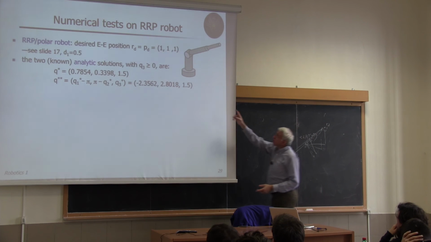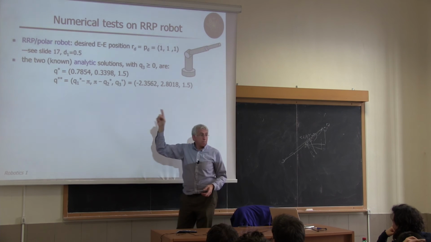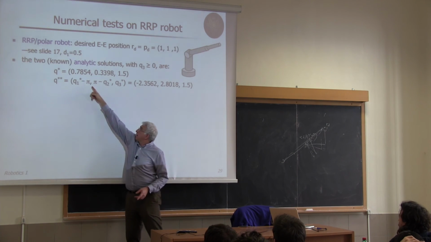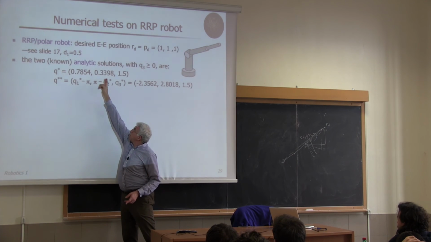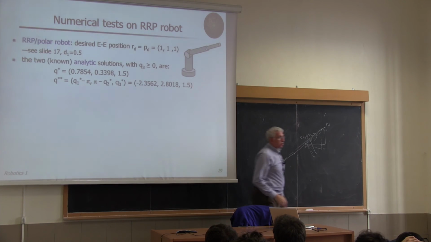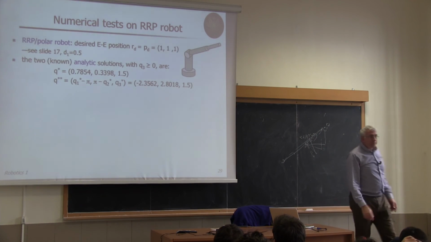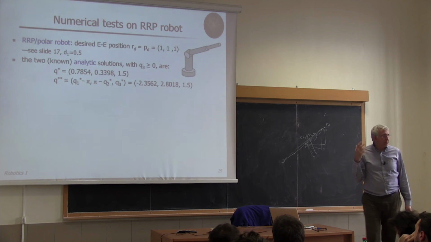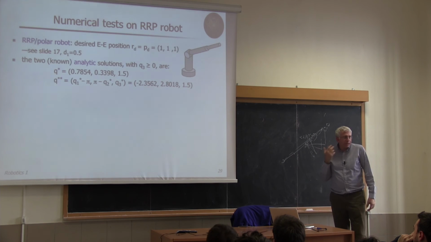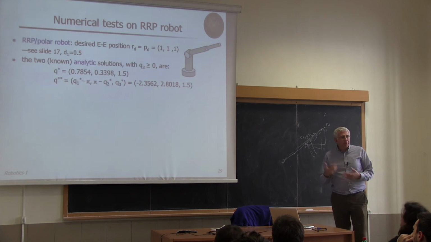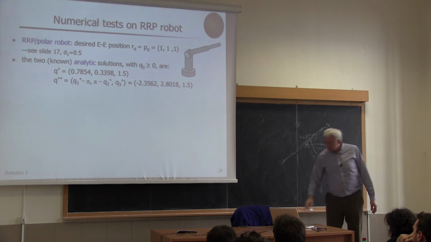Then the 2 solutions for this case, if I apply the closed form formulas, are these values in radians, and these which are computed from the previous one just by adding or subtracting pi. Okay? So these are the 2 solutions. So we know them in advance, so that we can make sure that our numerical algorithm converges to the right solution.